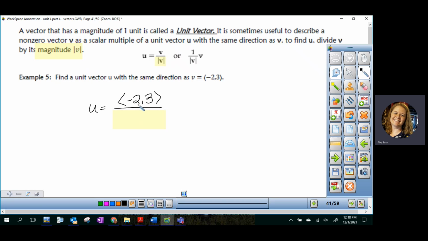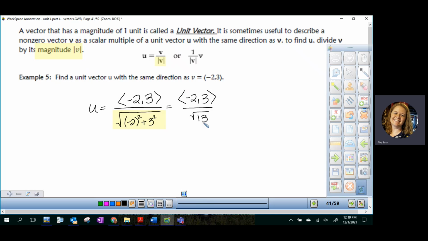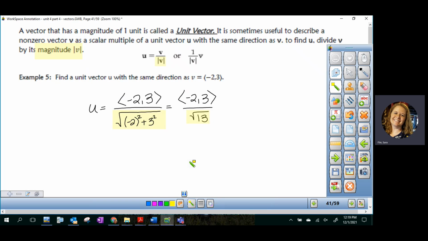We said once it's in component form, to get the magnitude, it's going to be the square root of the sum of those components squared, right? Do y'all agree with finding the magnitude that way? Does that make sense? So I put the vector over the magnitude of the vector. Okay, so I'm going to go ahead and simplify that a little bit. So that's 4 and 9, that's 13. So square root of 13 is the magnitude. Okay, so that's what we found for magnitude.